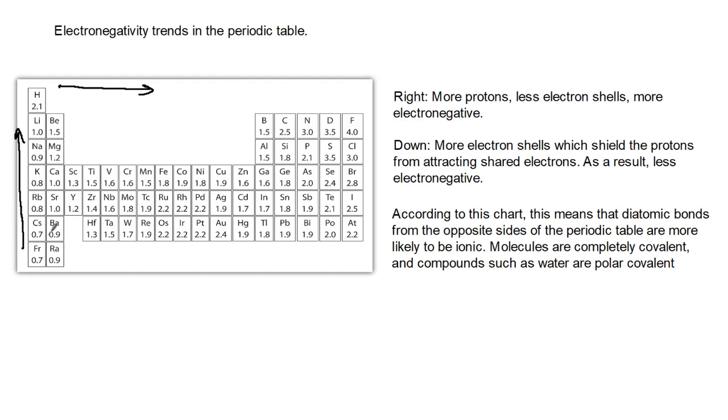For example, radium or some of these bottom elements are not electronegative at all because there are so many electrons and so many protons already that sharing an electron is quite a hard task, right? The atoms on the right are more electronegative because they really want to get that electron, as opposed to the atoms on the left, which really want to give away the electron, right?